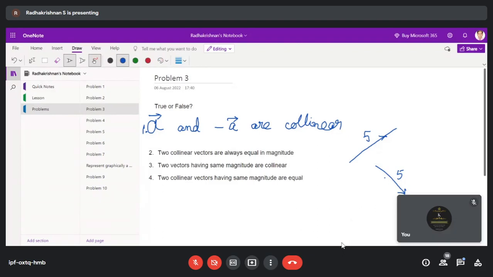Two collinear vectors. Now, collinear vectors can have either direction, right? Let us say this is one vector.